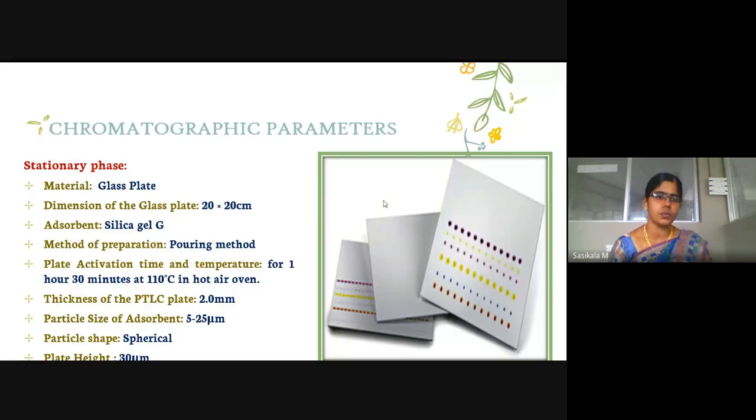In the stationary phase, we have discussed the material used, dimension of the plates, and the adsorbent used, then method of preparation of plates, plate activation time and temperature, the need for plate activation, why we maintain 110 degrees Celsius, the thickness for PTLC plate, particle size of adsorbent and its role in separation, shape of the particle, and plate height and its role.